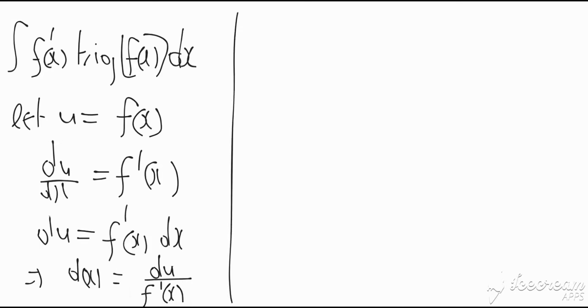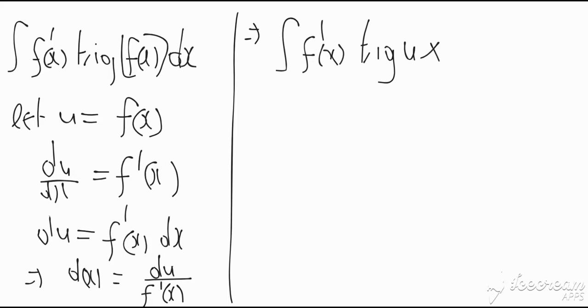So let us go ahead and rewrite this function. So the integral would simply become the integral of f prime of x trig, and bear in mind that u is equal to f of x, so I'm going to have trig u times the dx, which is du over f prime of x. Now let us see what happens.